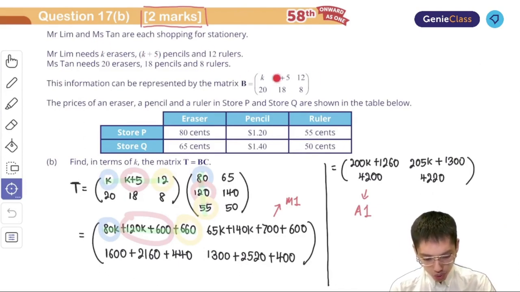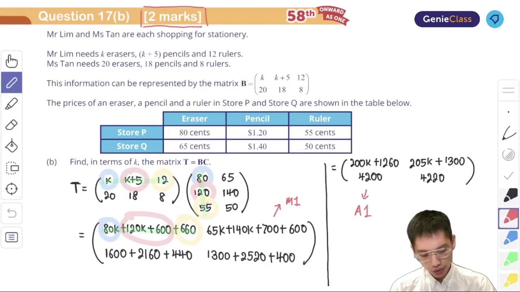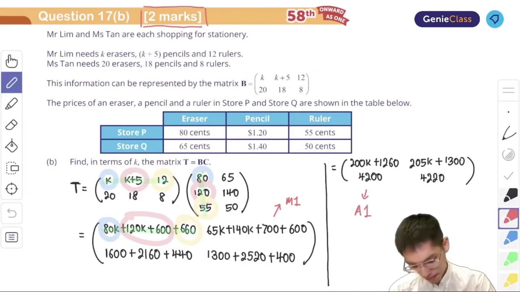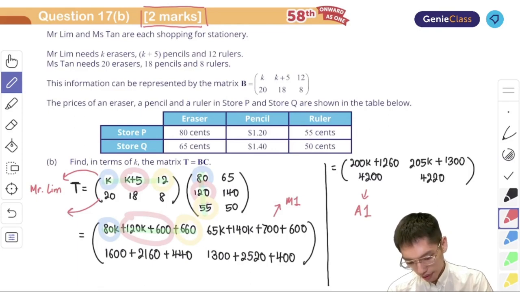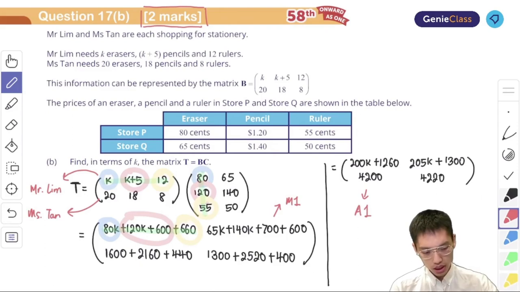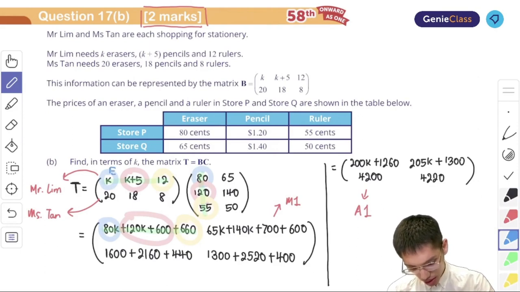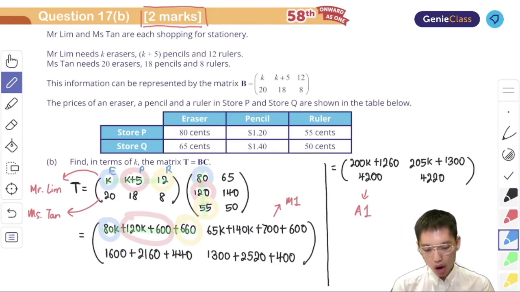So if you realize, this row over here is for Mr. Lim, and the other row over here is for, therefore, Miss Tan. And my columns over here are respectively for erasers, pencils, and rulers.